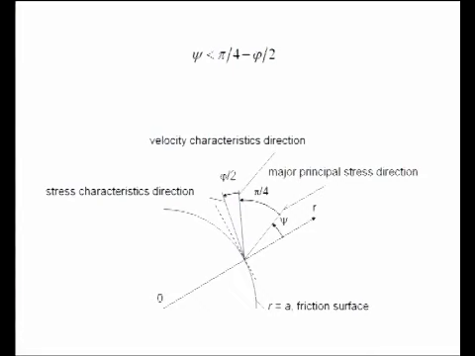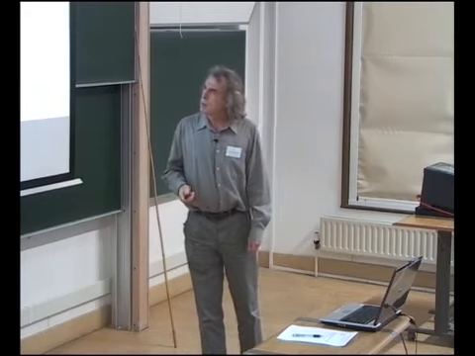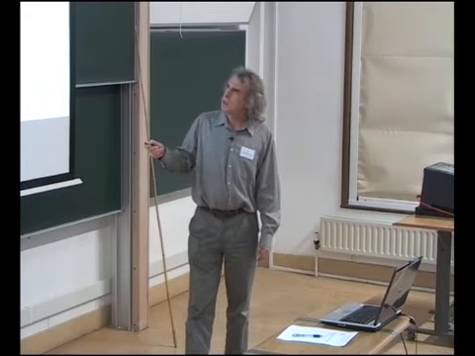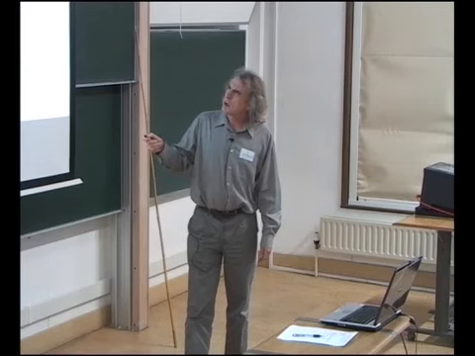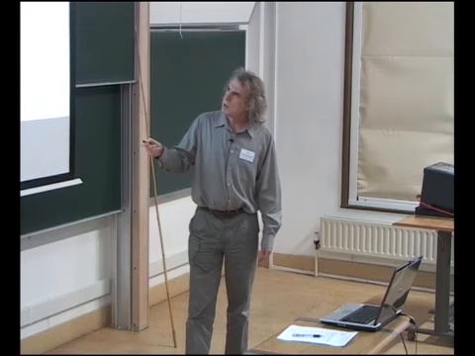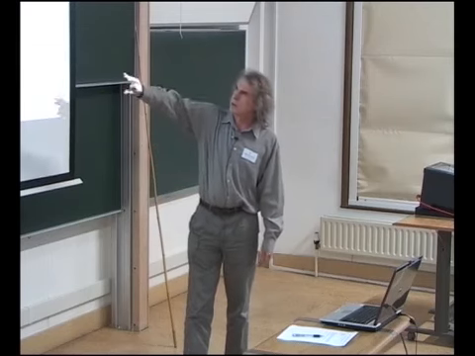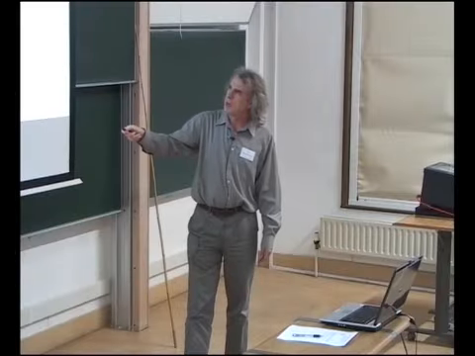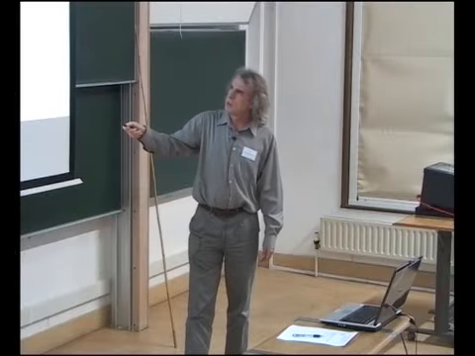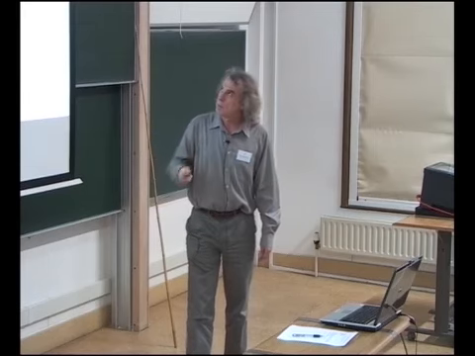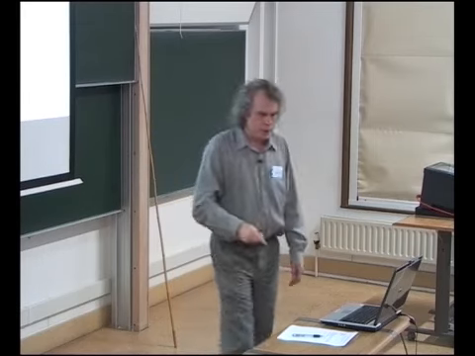And the third case, if psi is less than this value, the structure of characteristic directions in the vicinity of the friction surface is shown here, and it is now opposite. The only possibility is that the stress characteristic direction coincides with the tangent to the friction surface, because it comes first.